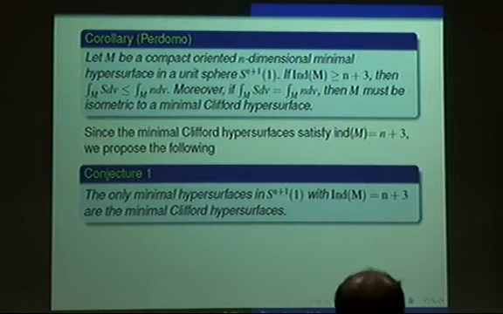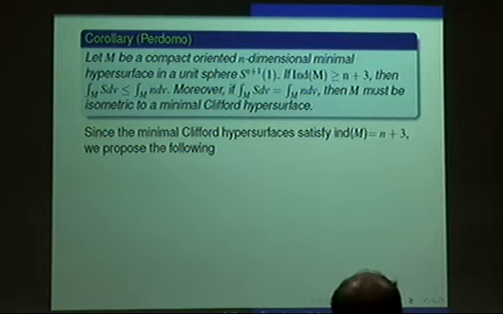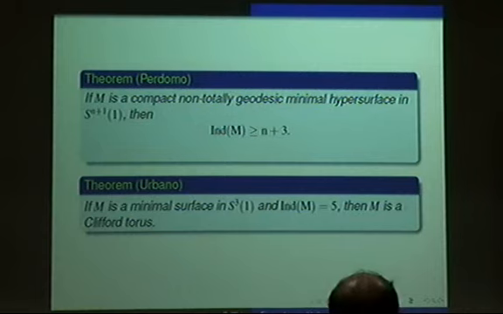So from Urbano's results, we know that for the minimal surfaces, if the index is equal to 5, meaning n plus 3, here n is equal to 2, right? Hypersurfaces.